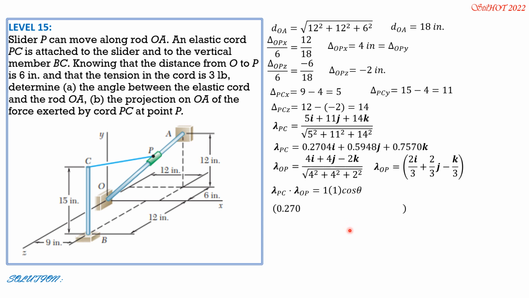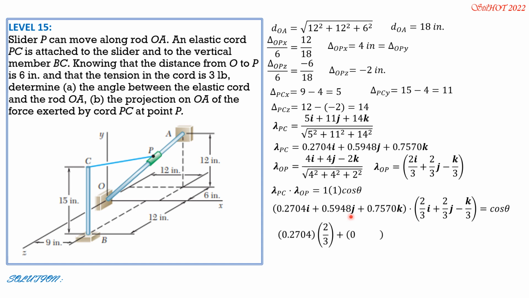So therefore, lambda of PC dot lambda of OP equals cosine theta. So we have 0.2704 times 2/3 plus 0.5948 times 2/3 plus 0.757 times negative 1/3 equals cosine theta.